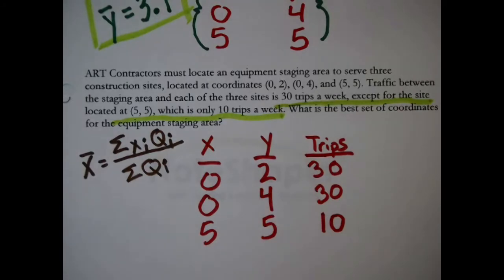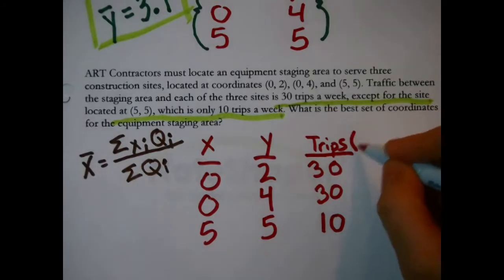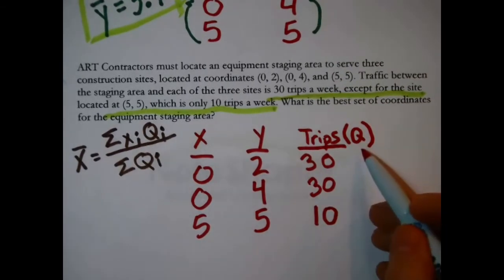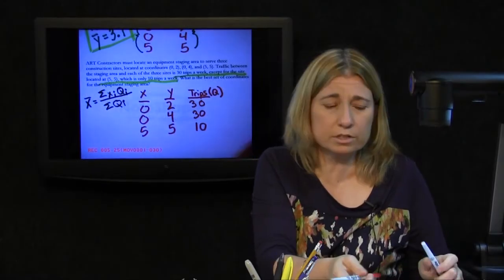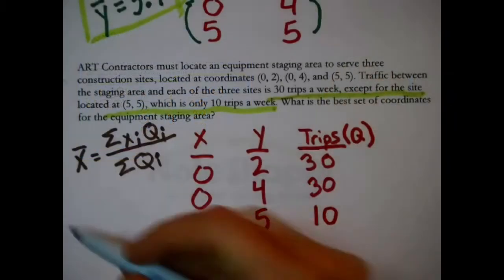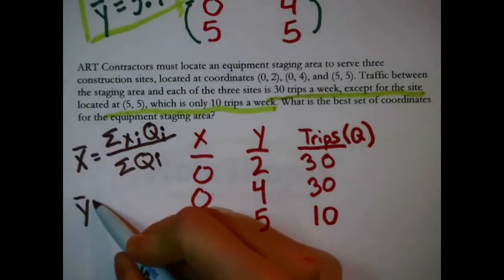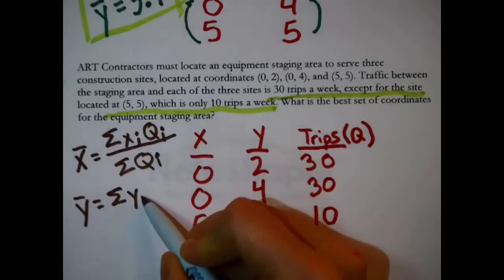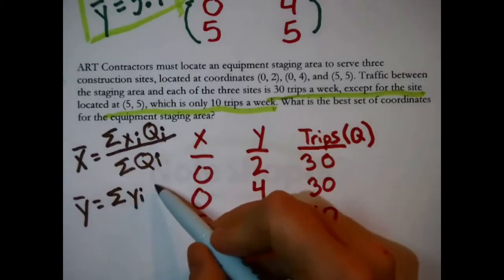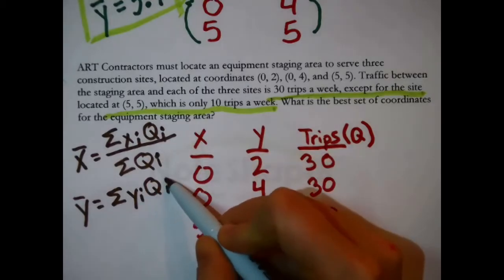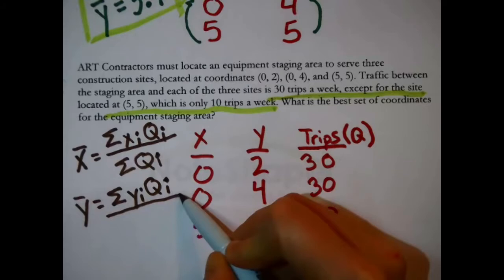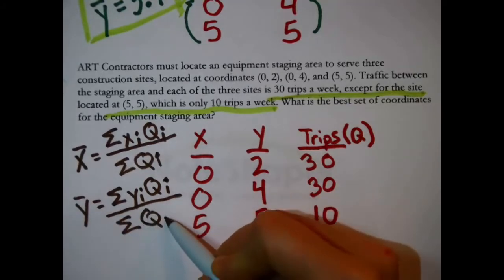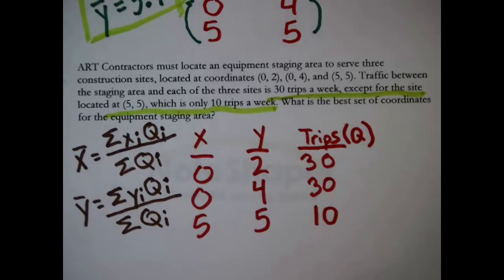In this problem, that's exactly what trips is. Trips is the Q. It's just some measure of the traffic between the two. The y-coordinate, very similar template. In the numerator, what you want to do is multiply each y-coordinate times the traffic to that site, add them up, and divide by the overall amount of traffic.